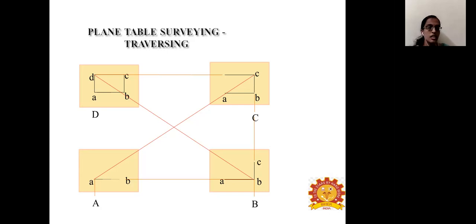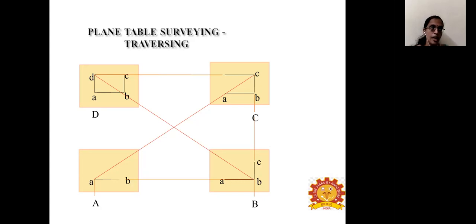In the quadrantal bearing system, it is divided into four quadrants: 0 to 90, 90 to 180, 180 to 270 and 270 to 360 degrees. In the prefix, we indicate whether it lies in the north or south, and in the suffix, we indicate whether it lies in the east or west. This is with respect to the whole circle bearing and the quadrantal bearing system.